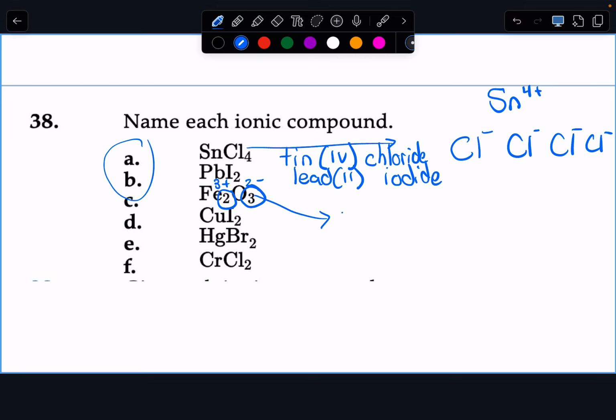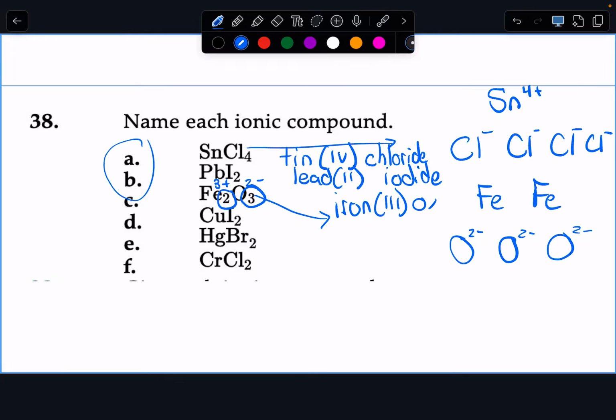So you could draw them out and say, oh, there's 3 O2 minus. So how many ions, if there's 2 ions, what does the charge have to be on each of those? And then you'll figure out that it's 3 plus. So you can do it that way, or you can do this like reversing the charge, reversing the subscript to give you the charge. So iron 3 oxide.